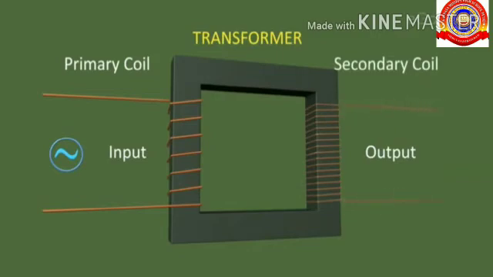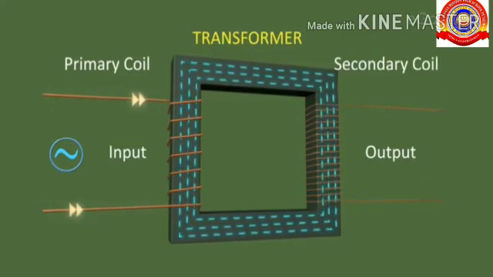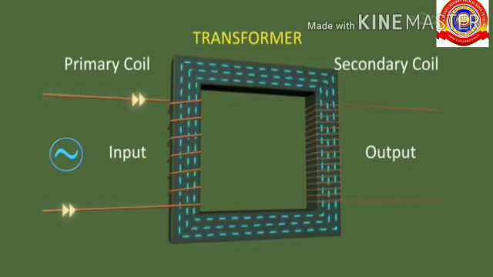The EMF in each turn of the primary and the secondary coils will be the same. That means the voltage in the primary, Vp, is equal to the number of turns in the primary into the EMF produced in each turn. And the induced EMF in the secondary, that is Vs, is equal to the number of turns in the secondary into the EMF produced there.